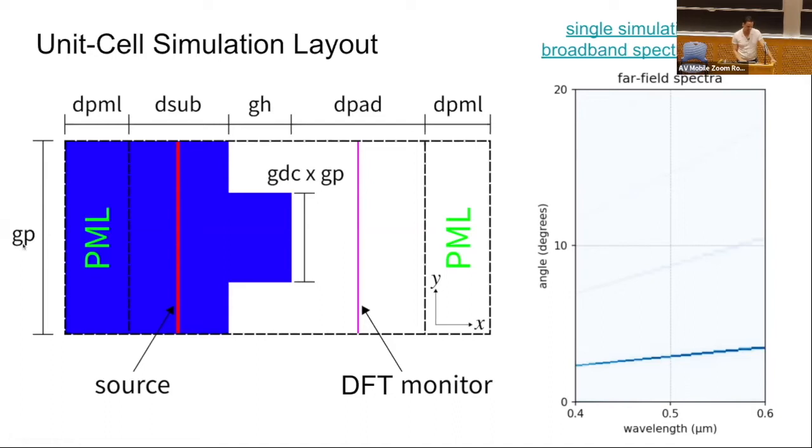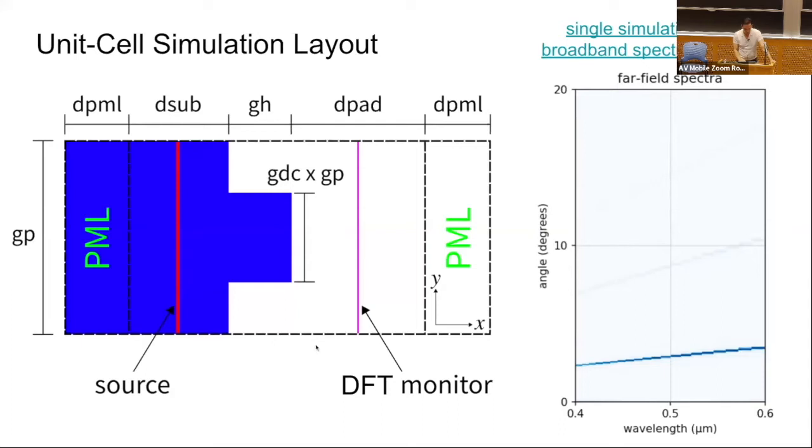That's also labeled by this GP parameter. There are PMLs in the x direction, in the propagation direction, and the cell is periodic in the y direction, as I mentioned. The incident source that we're going to be using here is actually incident from within the glass material, which is denoted by this red line.